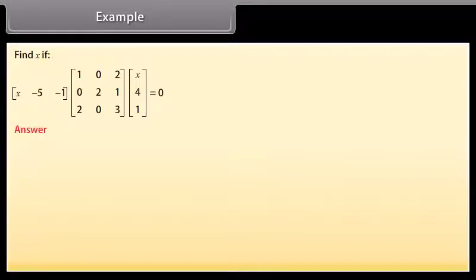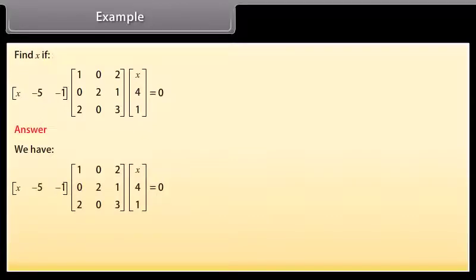Given that, we have [x, -5, -1] multiplied by the matrix with rows [1, 0, 2], [0, 2, 1], [2, 0, 3], multiplied by the column matrix [x, 4, 1], is equal to 0.